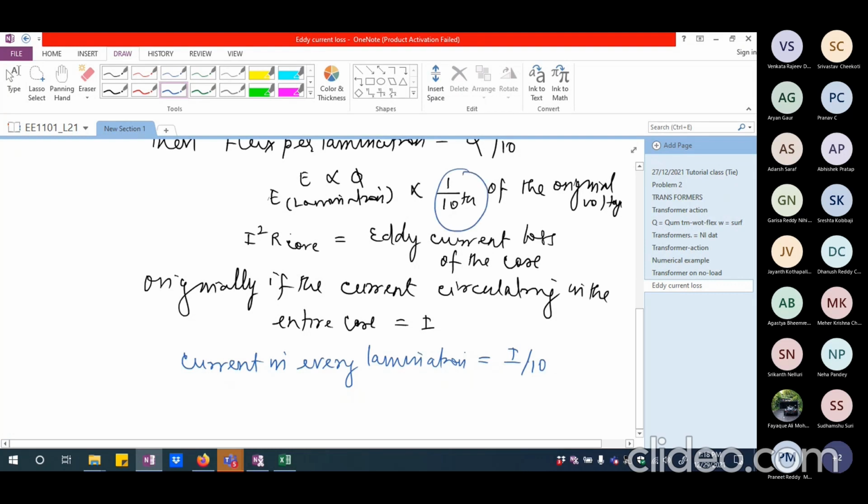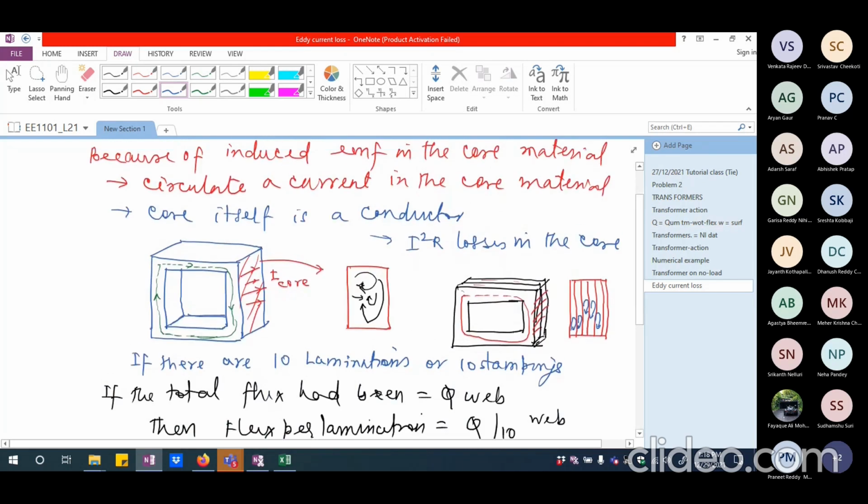That is the reason why the current will be 1/10, provided the resistance of the core is the same. But the resistance of the core is also not going to be the same, because I'm not allowing a thoroughfare for the current. I have insulated one lamination from the next lamination. So that is the reason why the current will not be able to circulate as easily as it was circulating earlier. So the resistance will be roughly increased by a factor of 10.